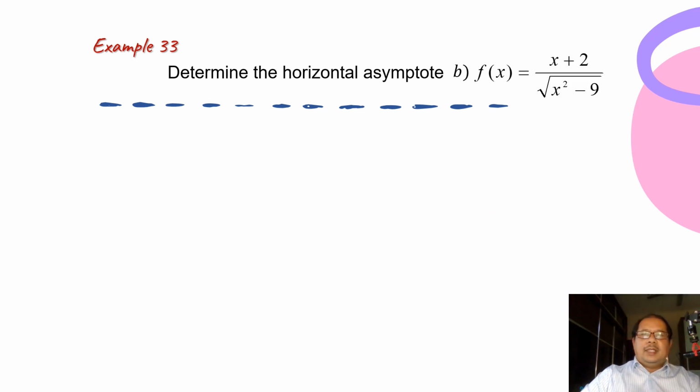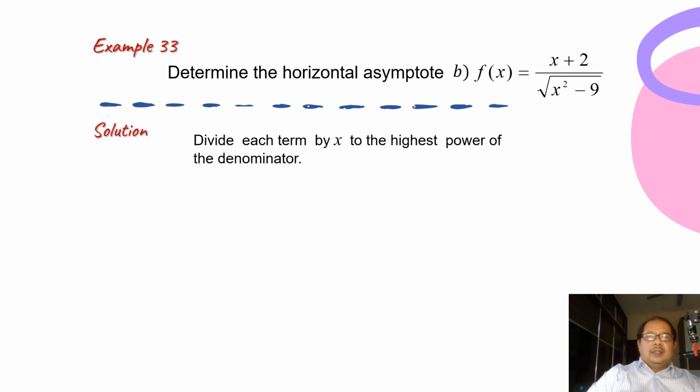Okey, b, f(x) equal to x plus 2 over square root x square minus 9. Okay, divide each term by x to the highest power of the denominator. Kalau you tengok kat sini, the highest power of denominator equal to square root x square.